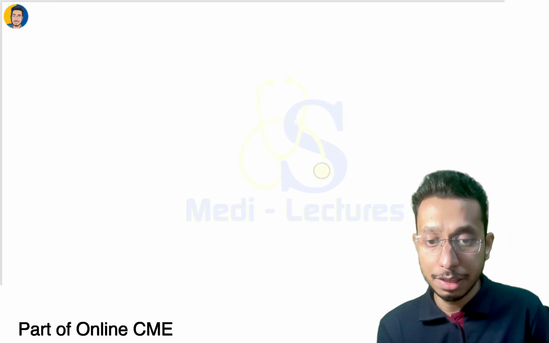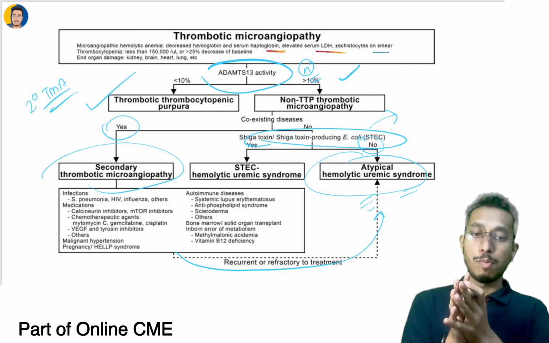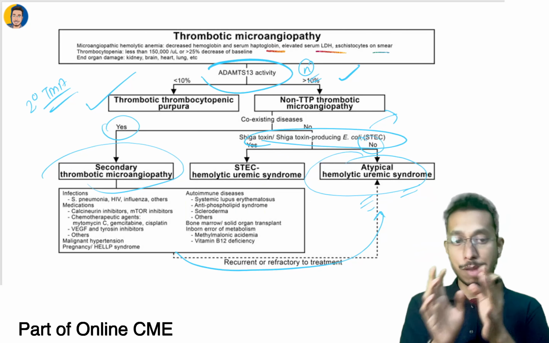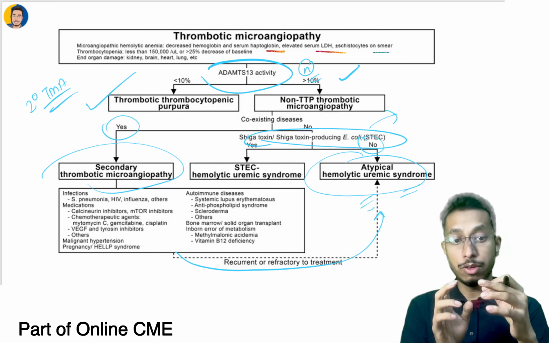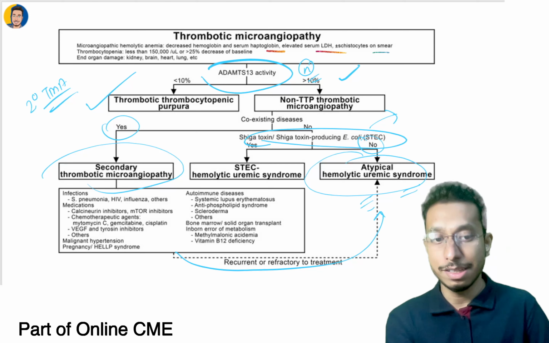Now, how to treat this? As you can see, the main problem lies in the complement defect. So the best is to supply the plasma pool with complement which is normal and not deficient in nature. Therefore, plasma exchange is the line of treatment.